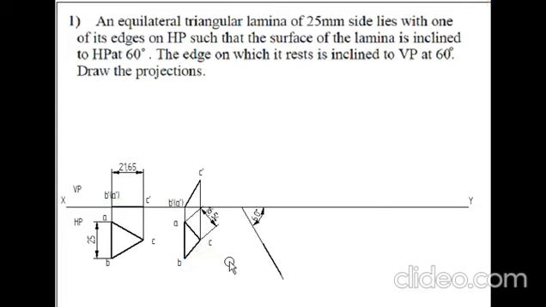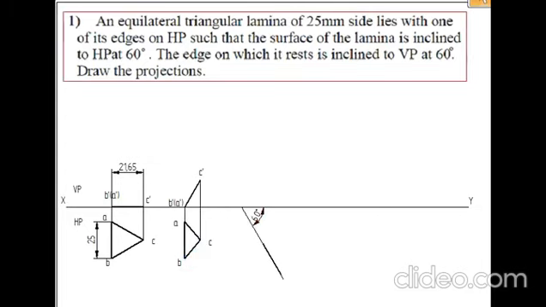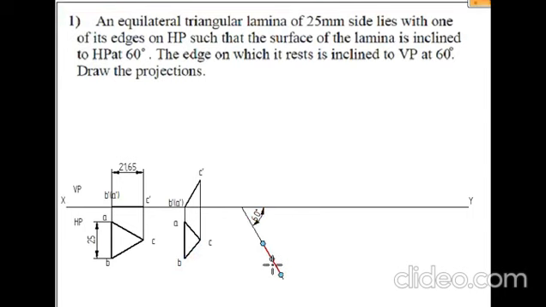So I will take an arc with this center point. In the software, or manually using a compass, measure 16.54 and cut an arc. Similarly, from this point, 16.54, cut an arc.